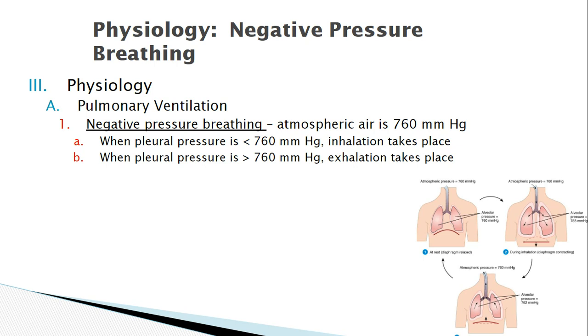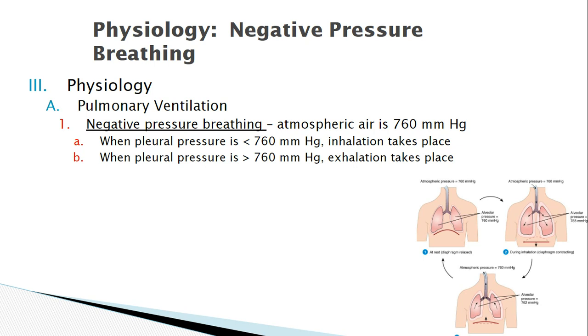So basically, what we find out, and this is a little bit of chemistry for you in case you forgot this stuff, the atmospheric air pressure at sea level is about 760 millimeters of mercury. So that's considered to be our normal, default pressure that we're going to use to understand this. And so, because the pressure around us is pretty constant throughout the day, what we do is change the pressure of the air inside of our body to help to either draw air in or push air out.